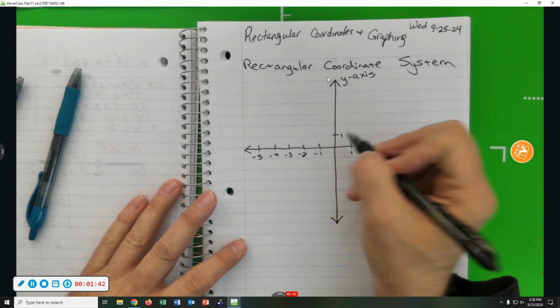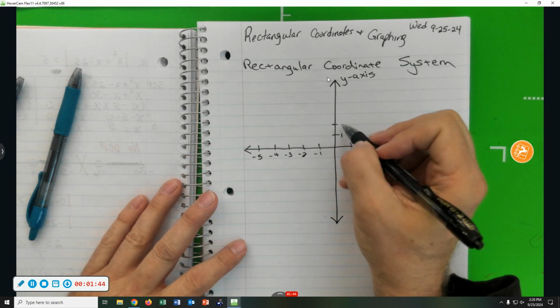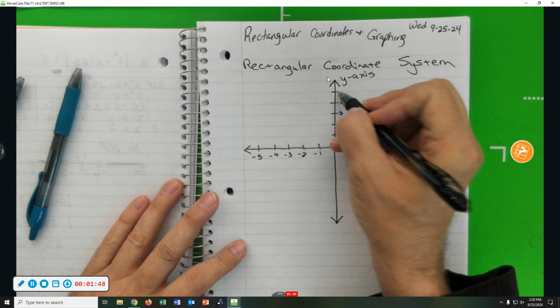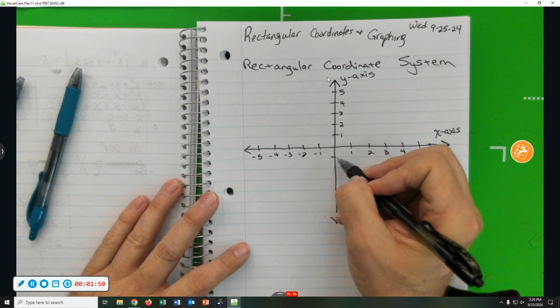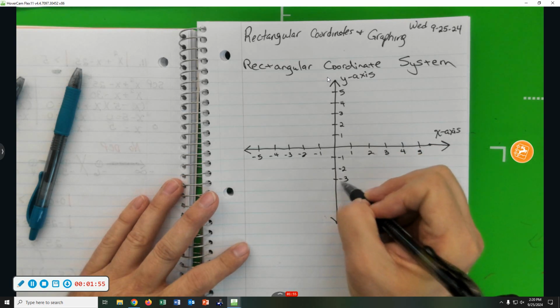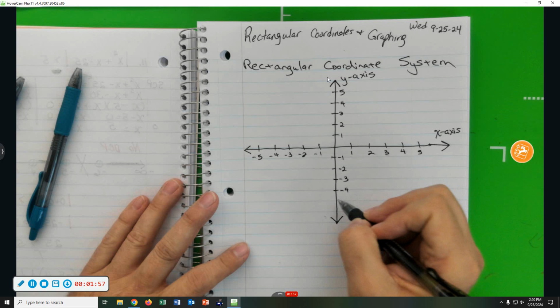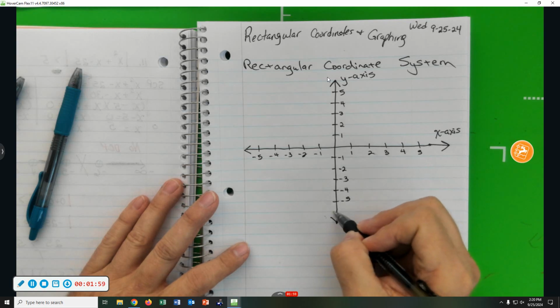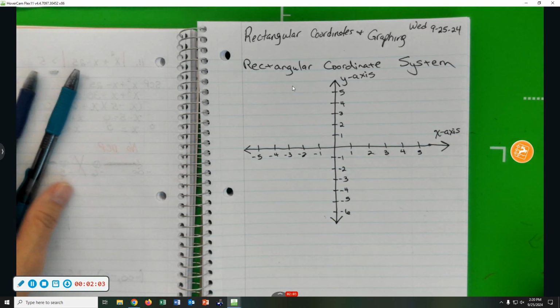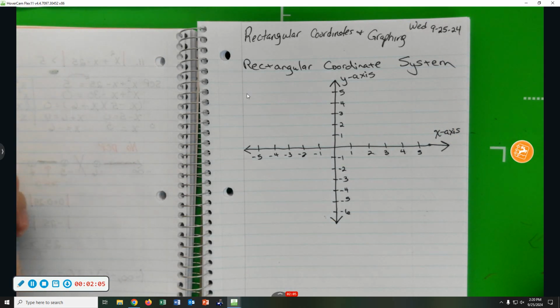Going up on the vertical number line, up is positive. And the future physicists might be saying, wait a minute, down should be negative? Yes, up isn't negative, physics, but this isn't physics. This is math. And we traditionally have up positive and down is negative in mathematics.